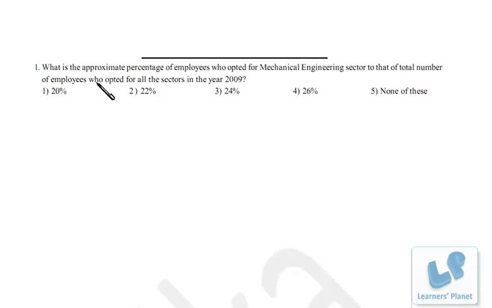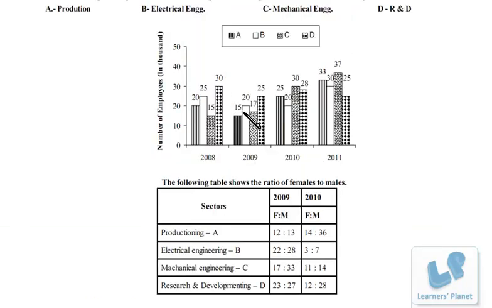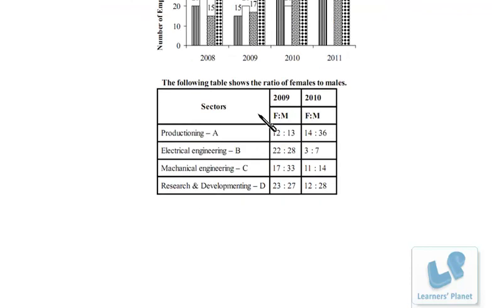So let's take the questions based on these two charts. The very first question: what is the approximate percentage of employees who opted for the mechanical engineering sector to that of the total number of employees who opted for all the sectors in 2009? So in 2009, what is the situation? Total is 15 plus 20, 35, and 25, 60, and 77, and out of this mechanical engineering is C, that is 17, right?